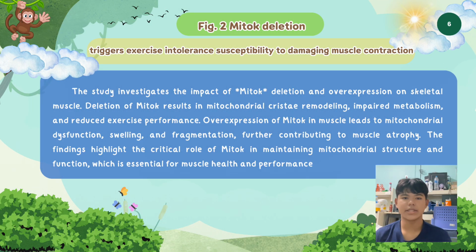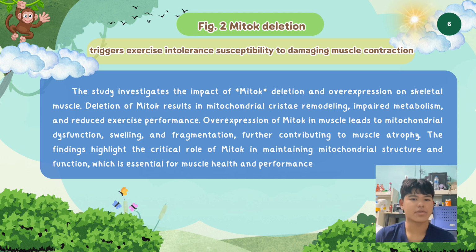Figure 2. Mitochondrial deletion causes exercise intolerance and susceptibility to demanding muscle contraction. The study investigates the impact of mitochondrial deletion and overexpression on skeletal muscle. Deletion results in mitochondrial cristae remodeling, impaired metabolism, and reduced exercise performance.